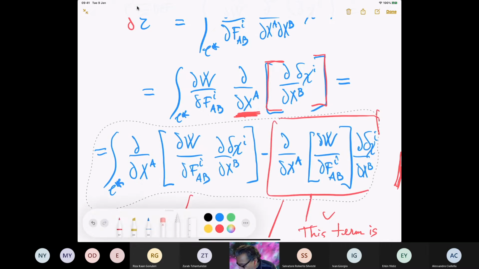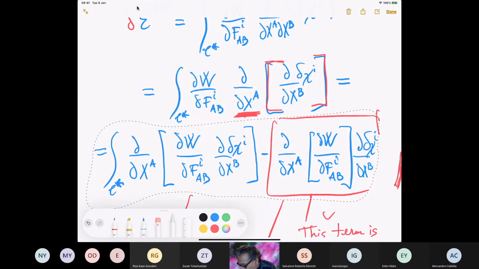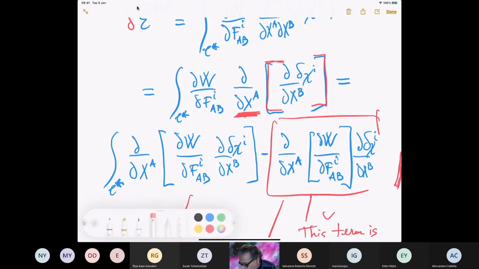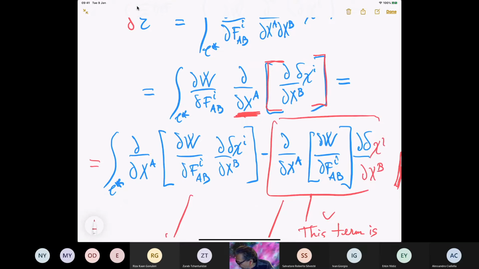So this is equal, and here I have delta x_b, delta chi. The derivative of this product gives us this term plus this term. So this equality is valid if we place a minus there. This is the standard trick of integration by parts.